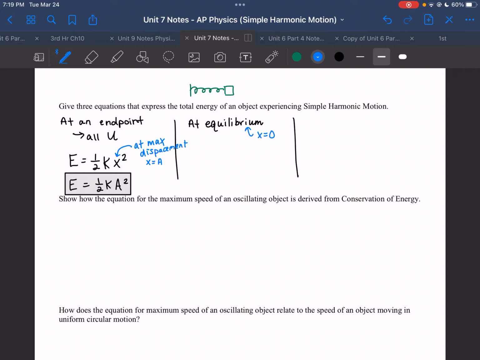We're at that 0 point. So this means that all the energy is not stored but kinetic. So the total energy is equal to 1/2 mv squared. But this is really not just any velocity, it's the max velocity. So I'm going to say v max.